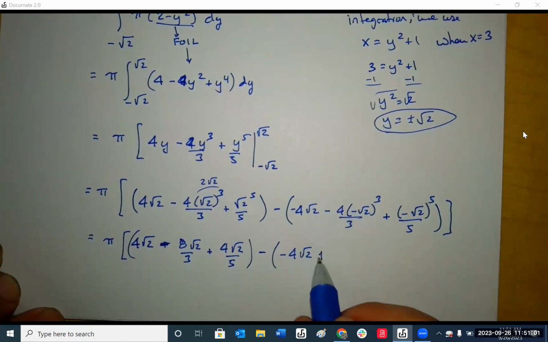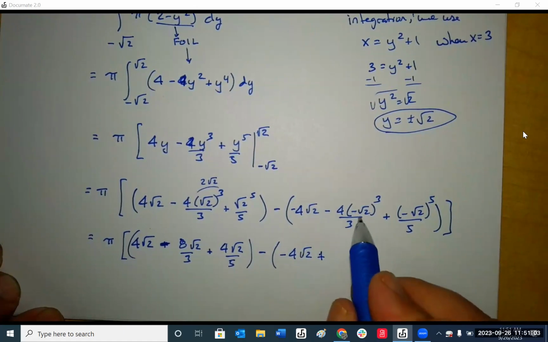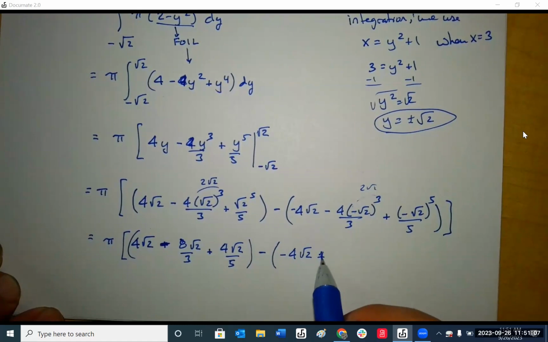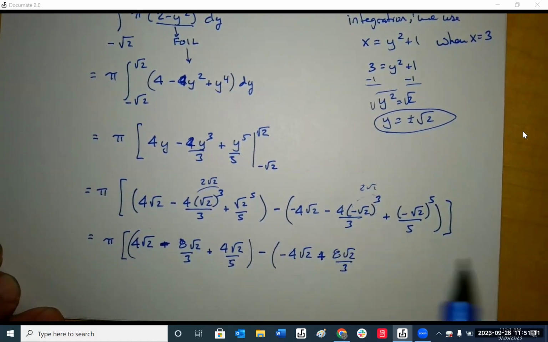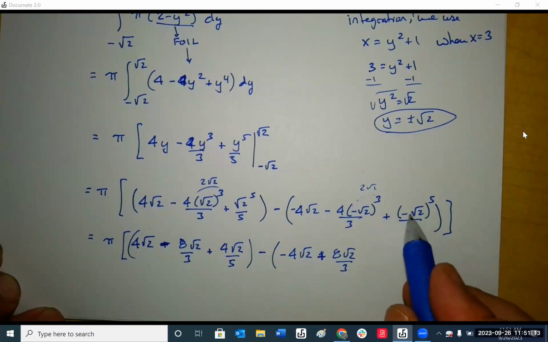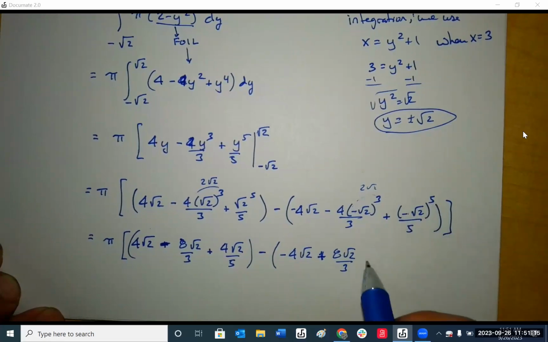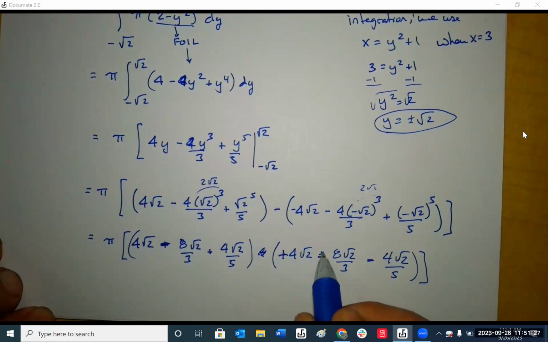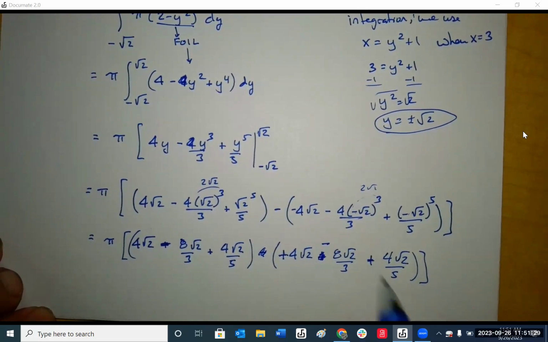Negative and negative becomes a positive, and this becomes 2 radical 2. So it's positive 8 radical 2 over 3. It's an odd power, so it becomes minus 4 radical 2 over 5. Change the signs, that becomes a plus. This becomes a minus, this becomes a plus.